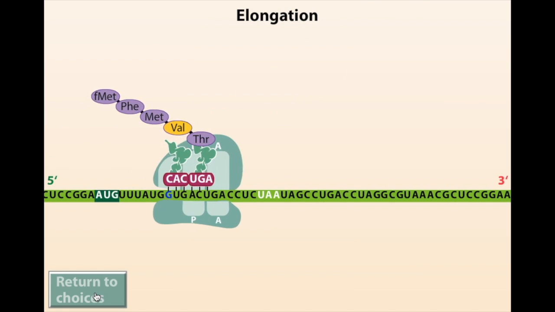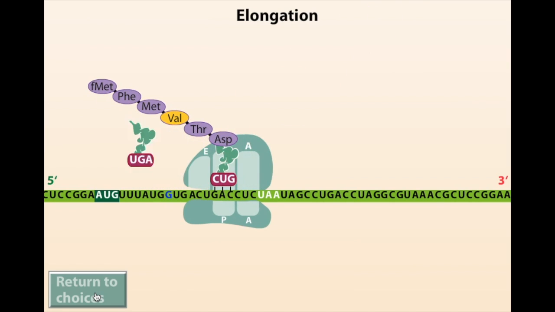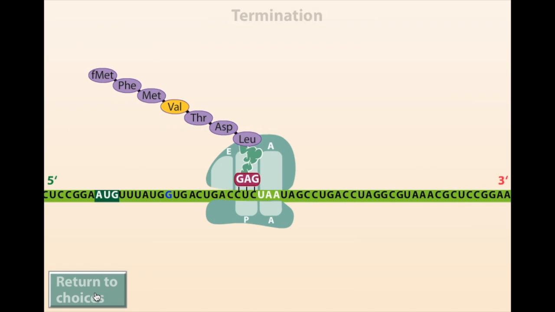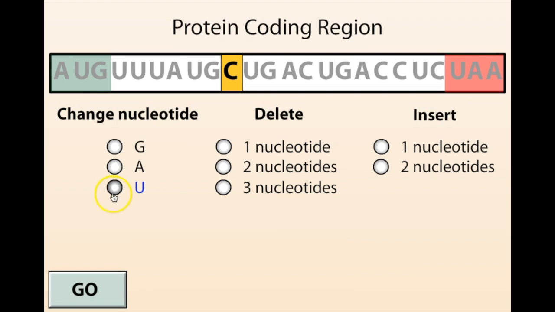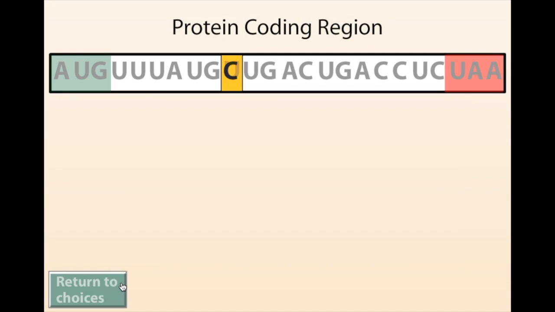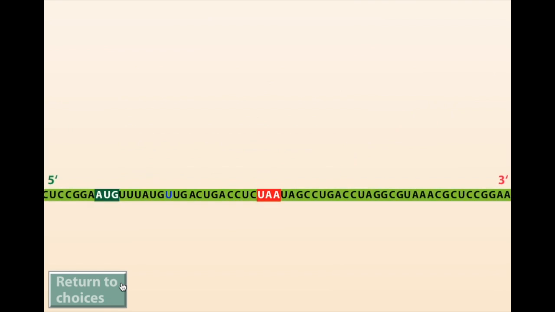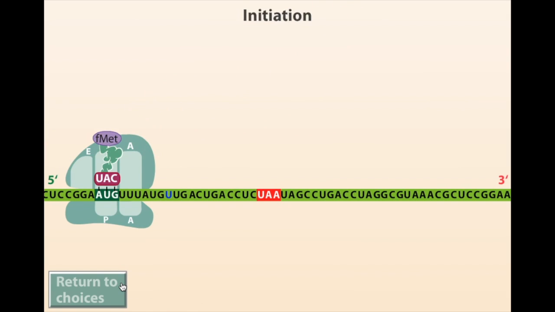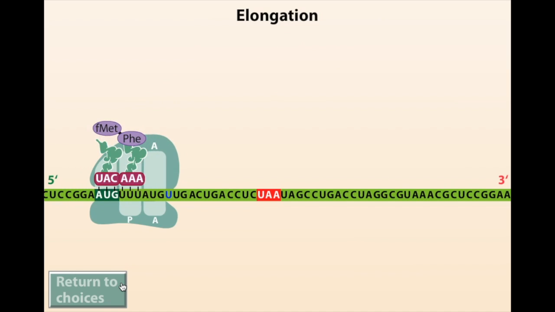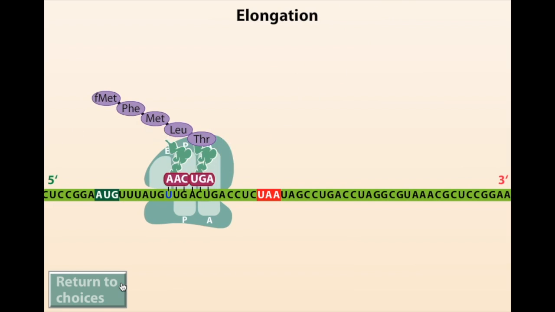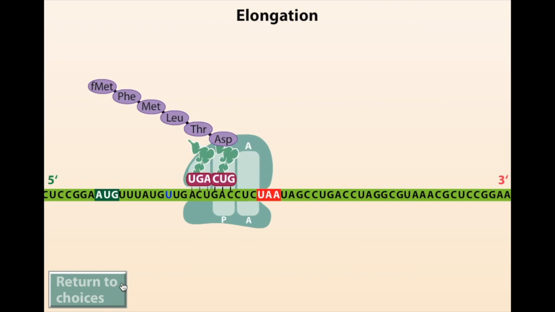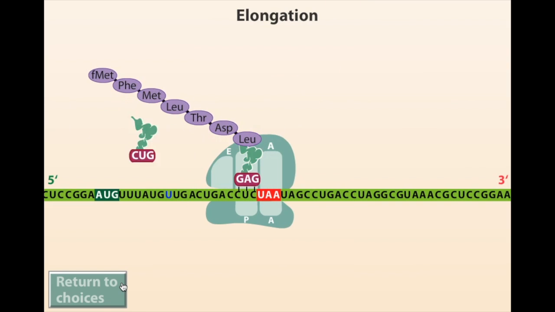Does a point mutation always lead to one amino acid change? And the answer to that is no. Let's try the U. In this example, the point mutation does not change the polypeptide sequence.